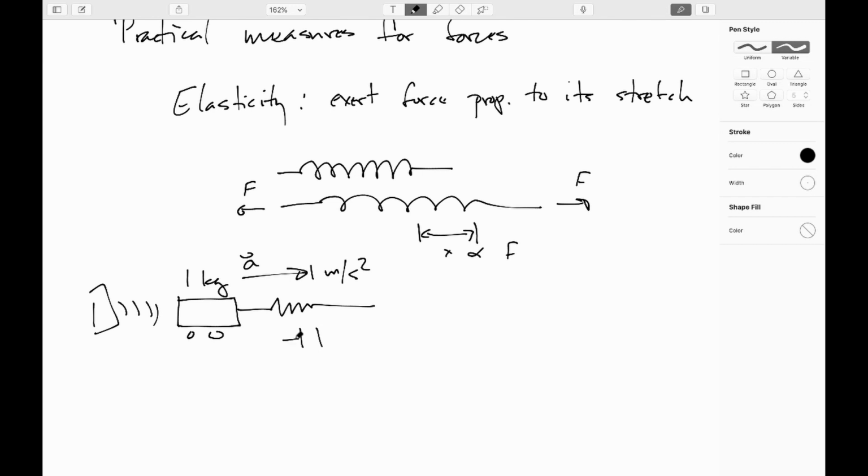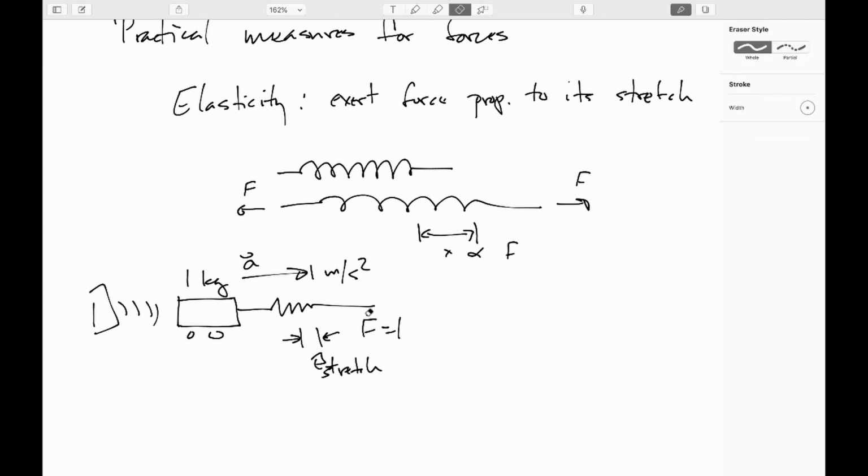Then we can go ahead and measure that stretch, and we can mark that stretch on a scale. And we can say that the force that caused that stretch was equal to 1 Newton. And then we could repeat this whole process.